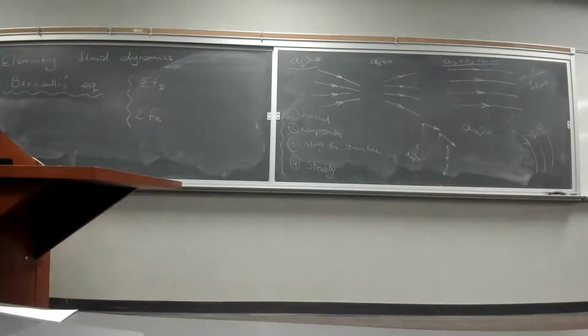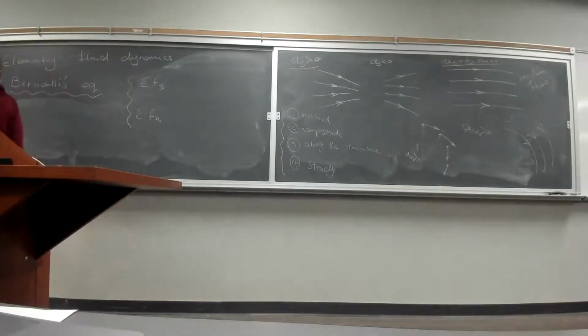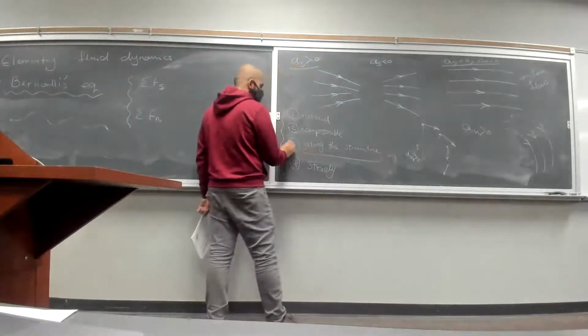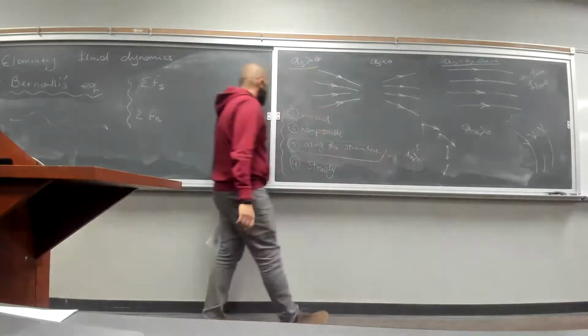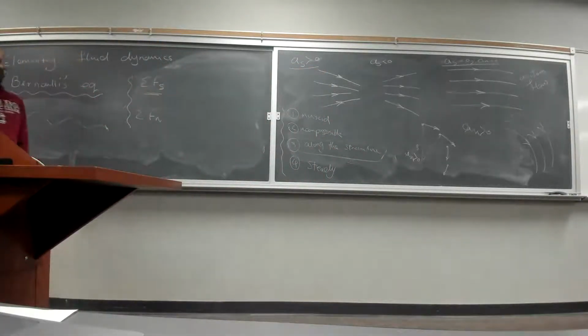Sigma f of s, which is tangential in the direction of the flow, the streamline. So on the streamline, as you're sitting on the streamline and moving with it, what is the force you're going to see? And then we're going to have sigma f of n. But the idea was we are deriving this Bernoulli's equation along the streamline, so this will be the part that we will be mostly focused on.